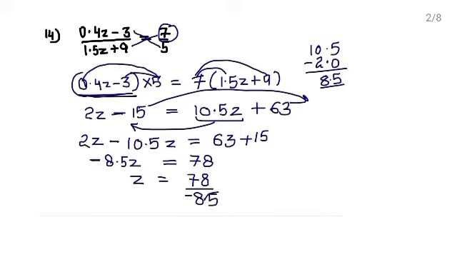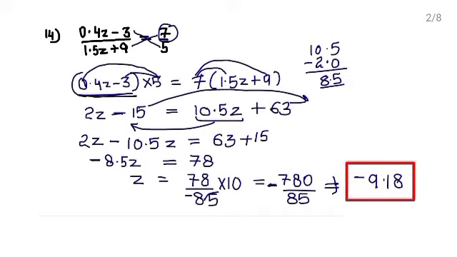Remove the decimal, 1. After the decimal there was one digit, so put 10. This is equal to 780 with a minus sign upon 85, right? Now when you divide it, it will become minus 9.18, right? So this is your answer.